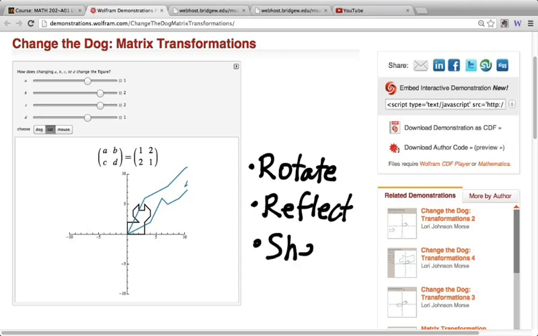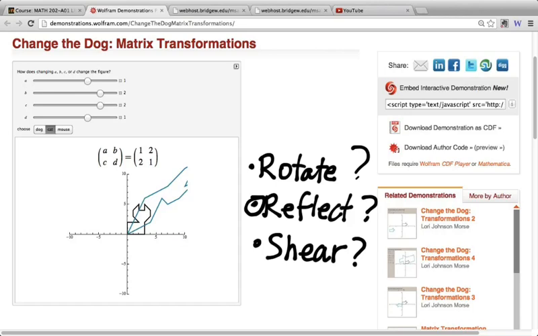Maybe a shear? Well, of these, I think we can be pretty confident that there's a reflection going on, because before the cat was facing to the right, but the image now is facing the other way. So there's some kind of a reflection going on here. Whether there's a rotation or a shear in here is a little less clear.